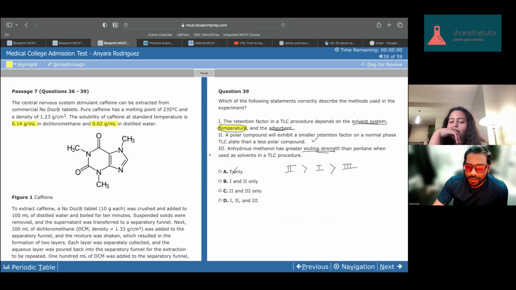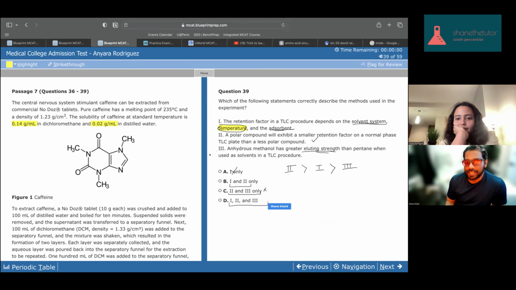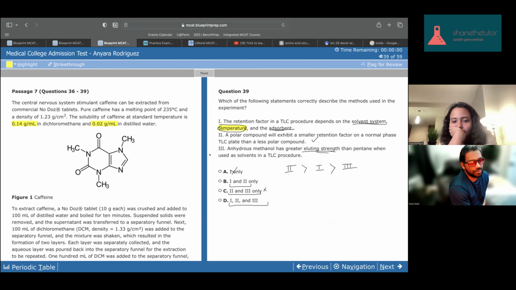So 1 and 2, that's good because we're most certain of 2 followed by 1. 2 and 3 won't work because we are less certain of 3 being right than Roman numeral 1 being right. So that's out. And then D is the same thing as B, except it includes that Roman numeral 3 at the end. So at this point, we're 50-50.